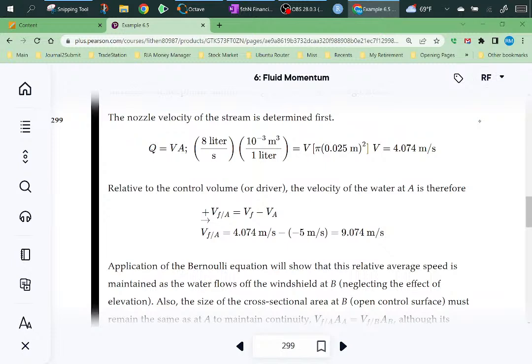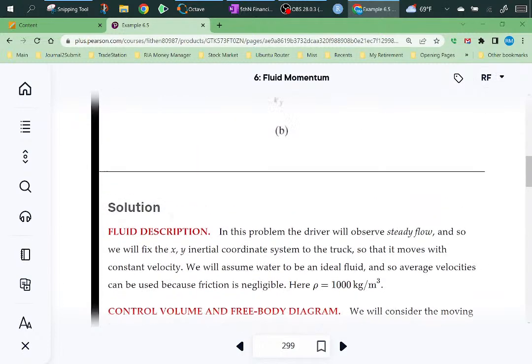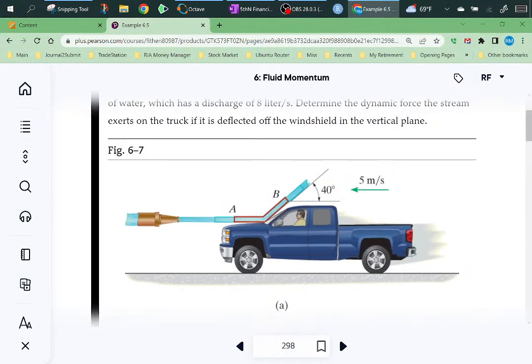The truck is coming at it. So relatively speaking, you add them together in the red control volume. You see the 5 meters per second is heading to the left, and this is heading to the right.